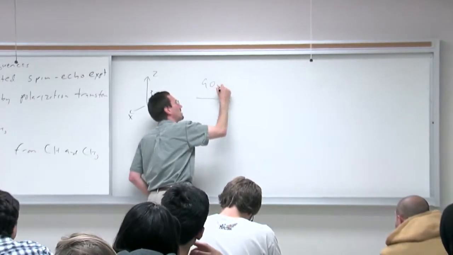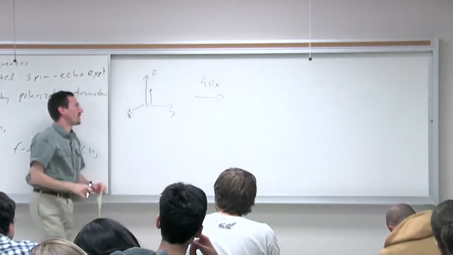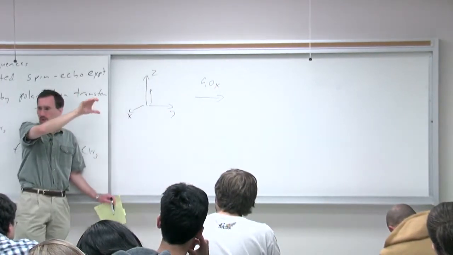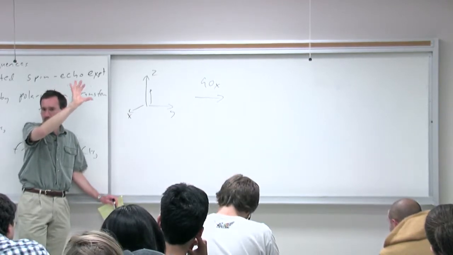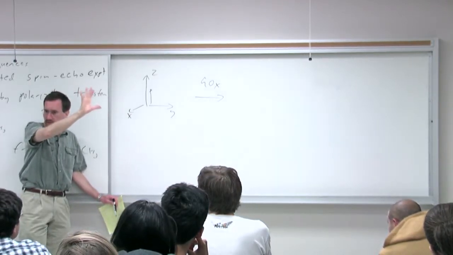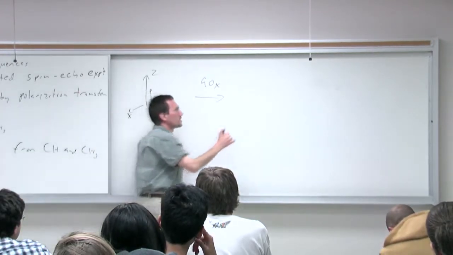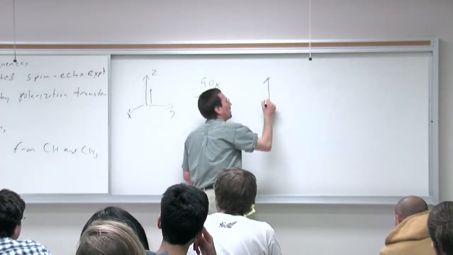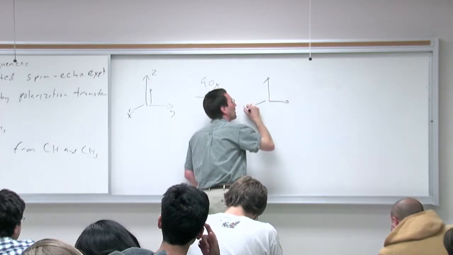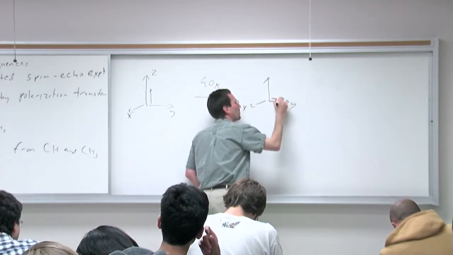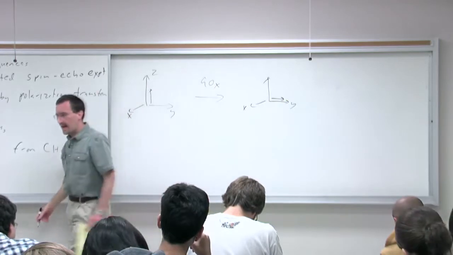So remember a 90-degree x pulse, and you think about the right-hand rule, that means you have a coil along the x-axis. You're applying essentially a force onto the vector, which is bringing the vector down into the xy plane, and it brings it along the y-axis.